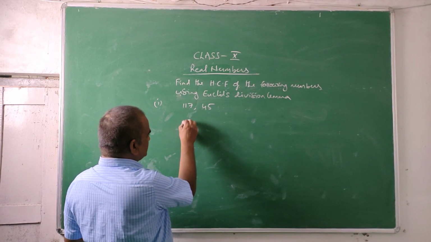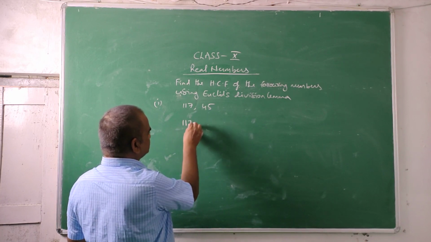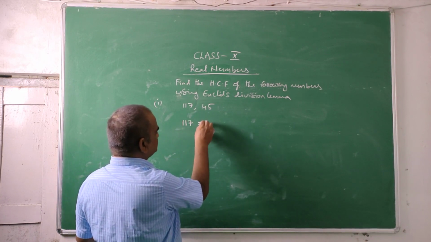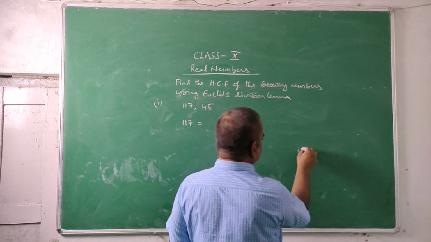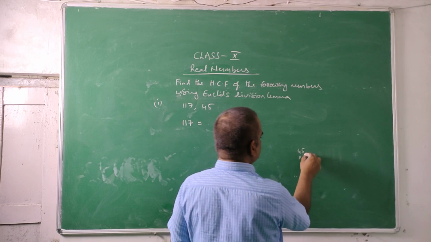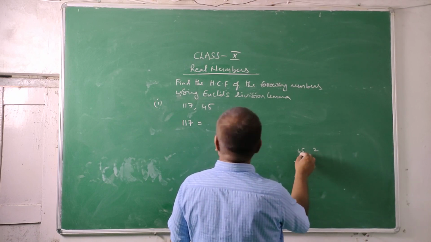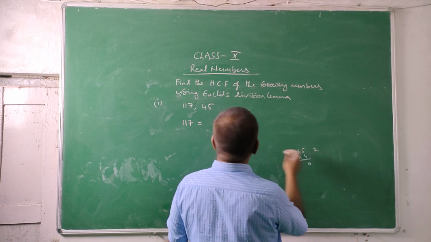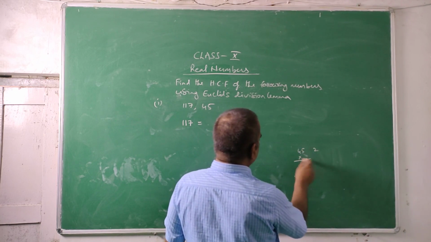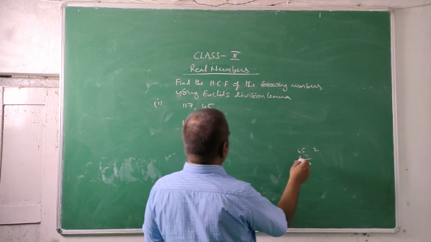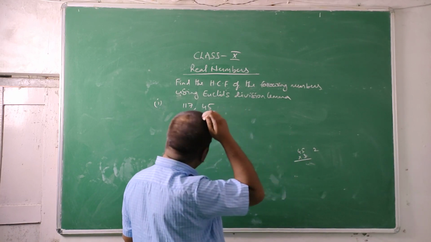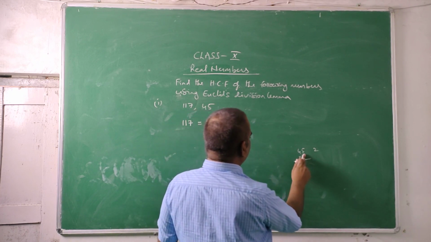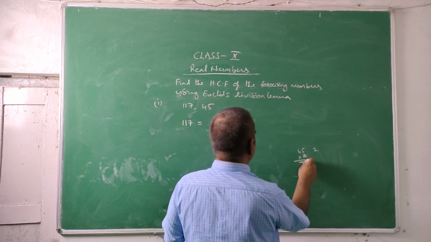So, take 117 is equal to, what is 45 into 4? 4 5s are 20. It is crossing 117. Now take 45 into 3, 135. It is crossing 117. Now you take 45 into 2. It is 90.